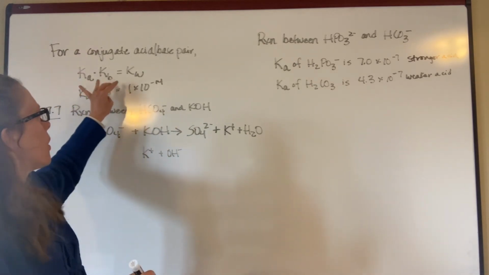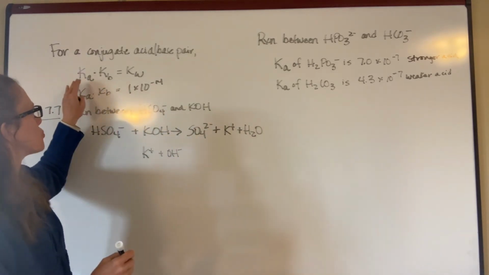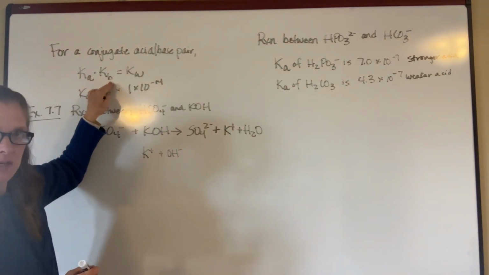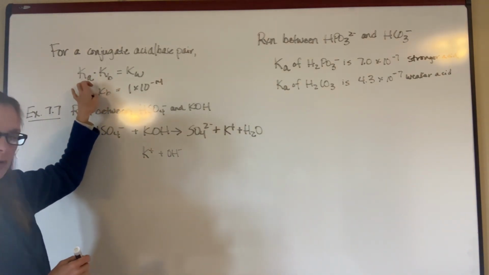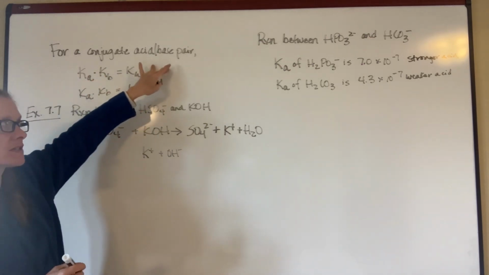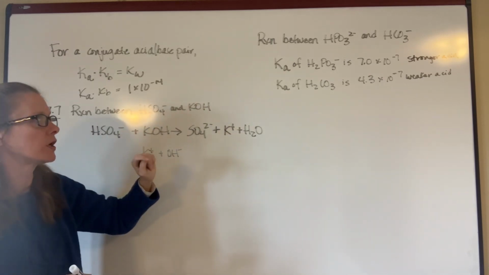From what we know over here, the stronger the acid, the bigger the Ka, the smaller the Kb. So the stronger the acid, the weaker the conjugate base. Now this is only for conjugate acid-base pairs, but that's what we're dealing with over here.